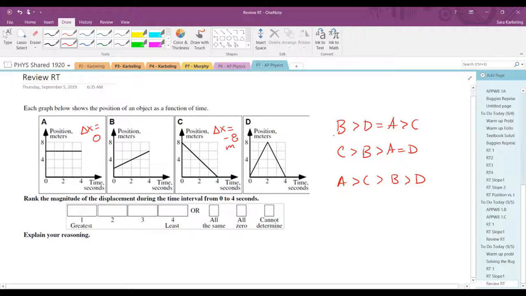Okay. D, you go back to the original position, which means you're displaced 0. Okay. B, 4. So that would imply this one? You guys agree? Yes.